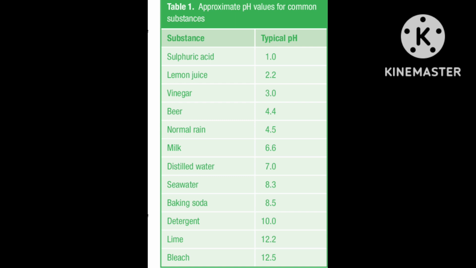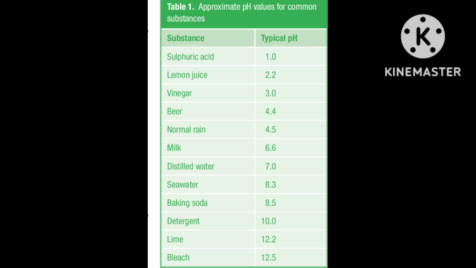Now multiply minus log everywhere: minus log Ka plus minus log Kb is equal to minus log Kw. Then in place of minus log Ka you write pKa, and it will come pKa plus pKb is equal to pKw, that is 14.